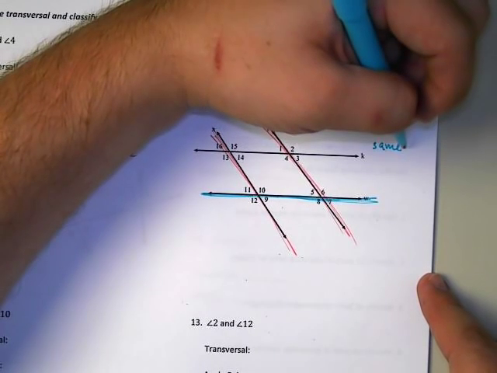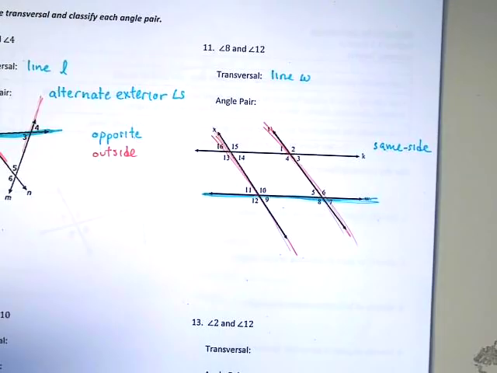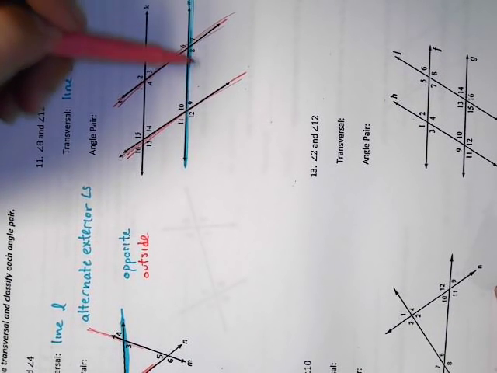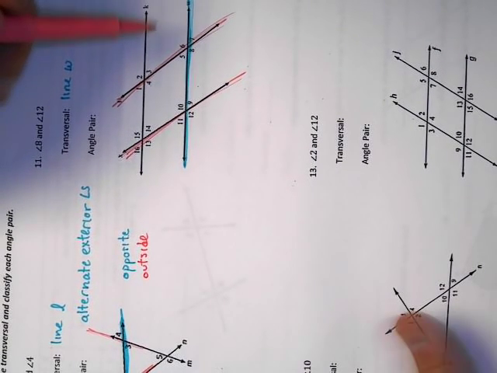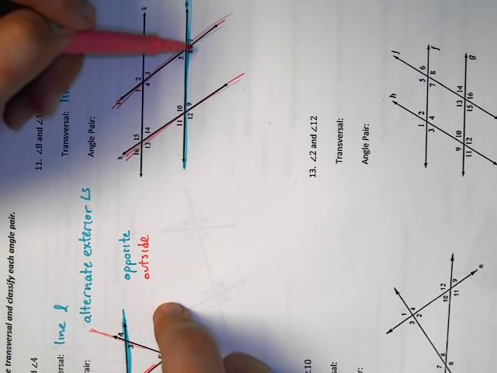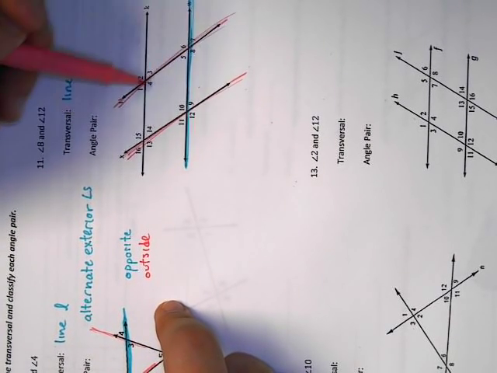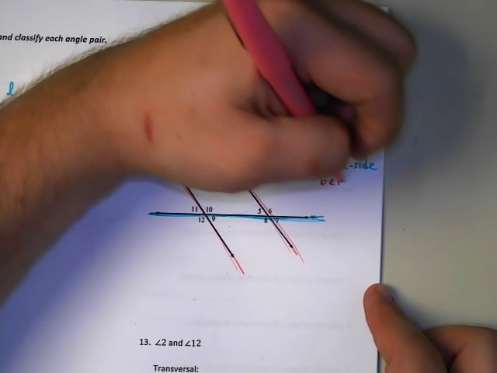So I'm going to write same side. Now, when I look at 8 and 12, one is inside, one is outside. Oh, wait. 8 and 12, those are both below the two lines. 8 is below this line, 12 is below. So I'm going to say they're both below.